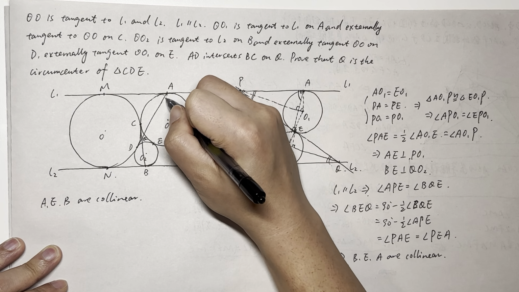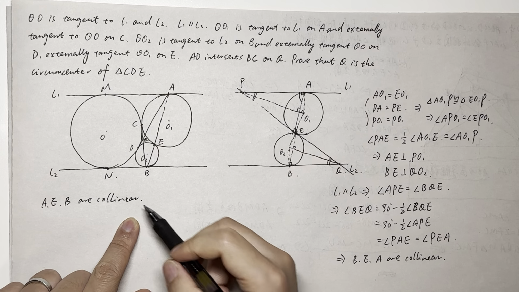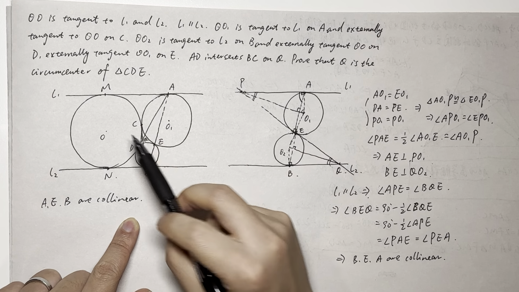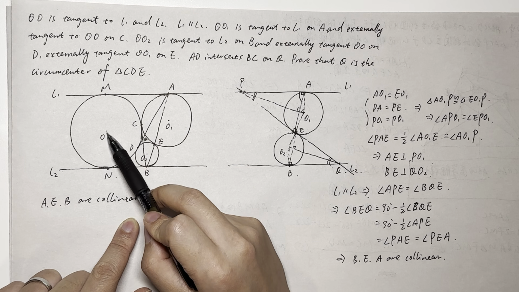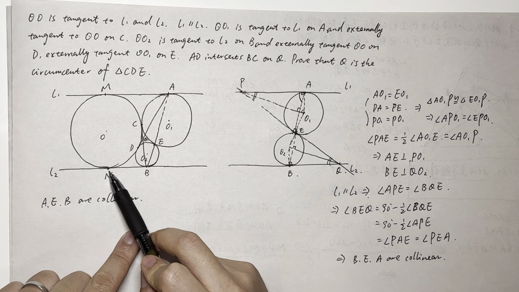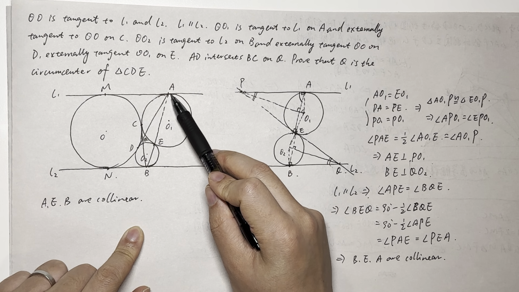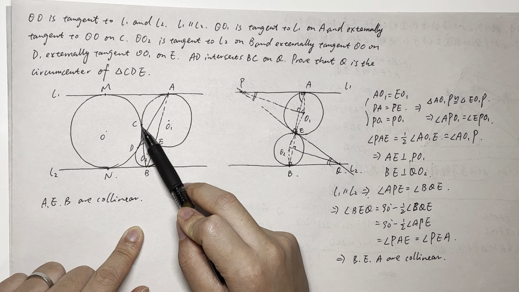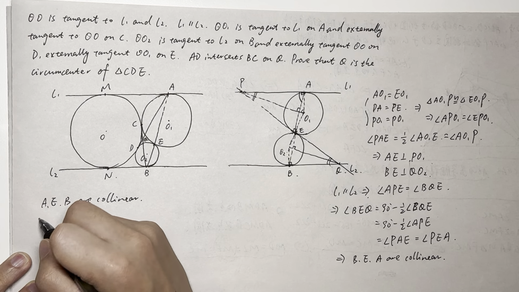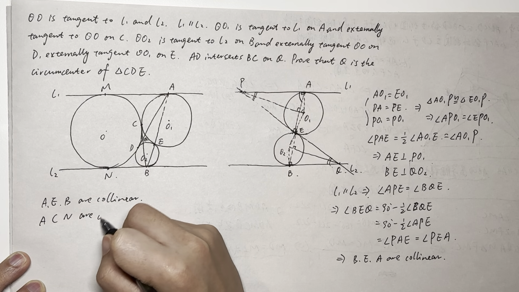Let's directly connect it. And look at circle O and circle O1. Circle O is tangent to L2, circle O1 is tangent at A, and circles O1 and O are tangent at point C, which means A, C, N are collinear.